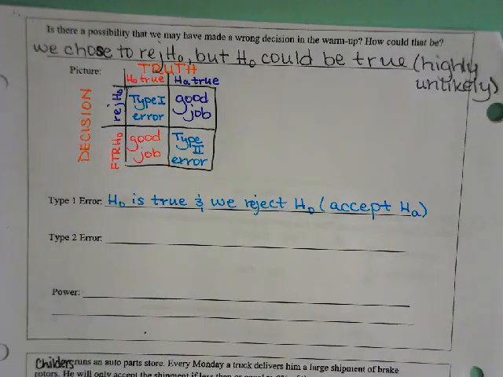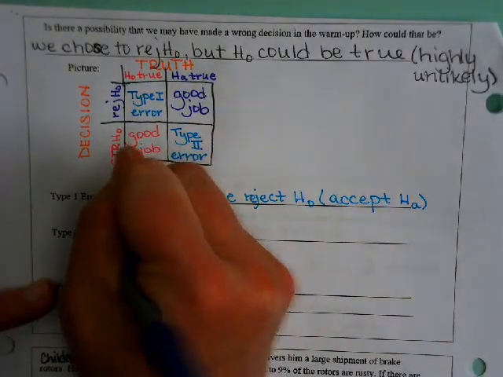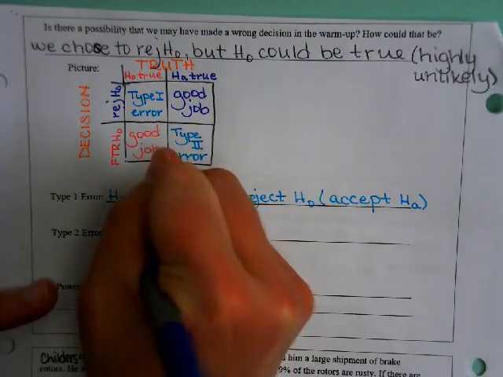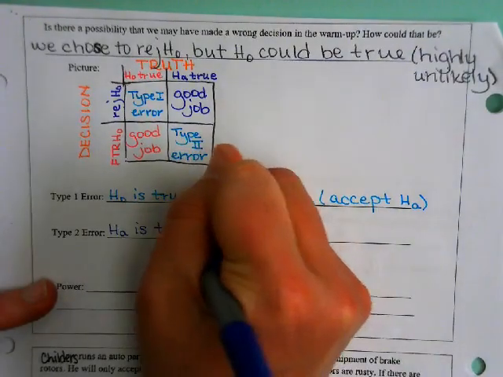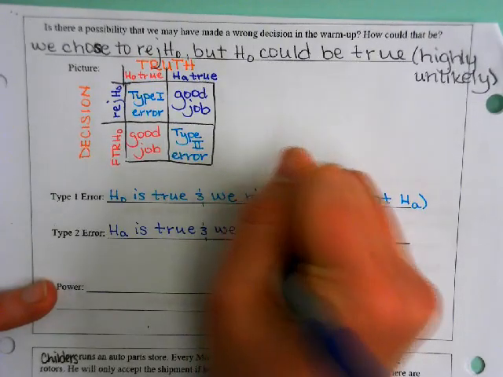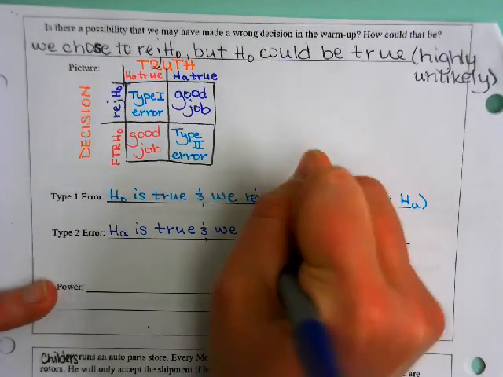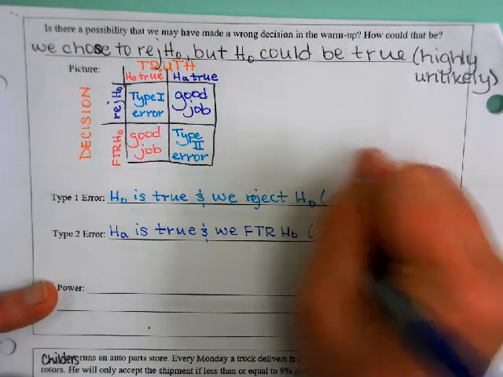A type 2 error is when the alternative is true and we fail to reject the null, or we accept the null when it's not true.